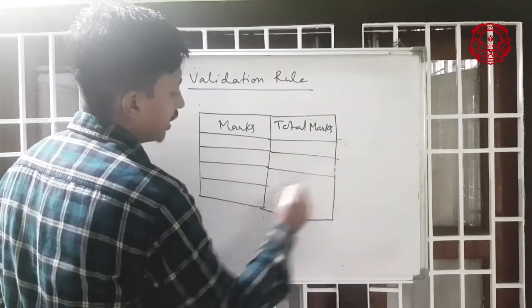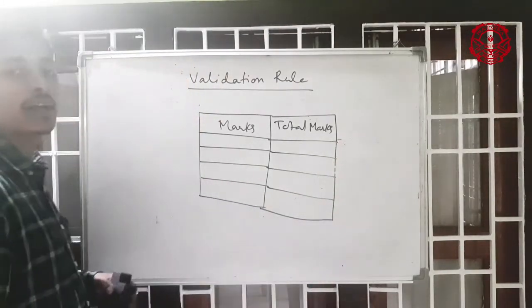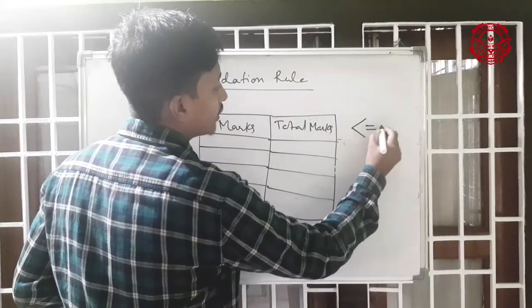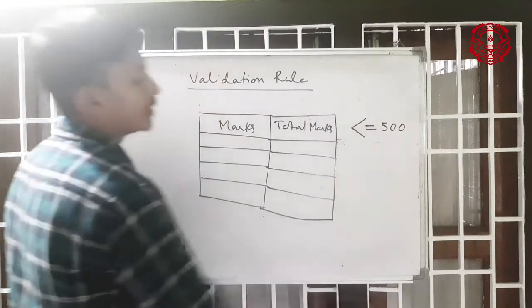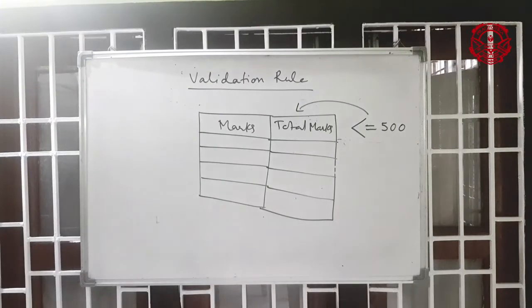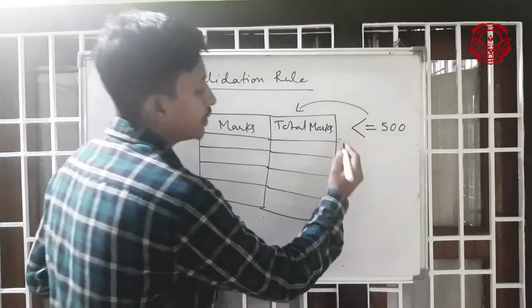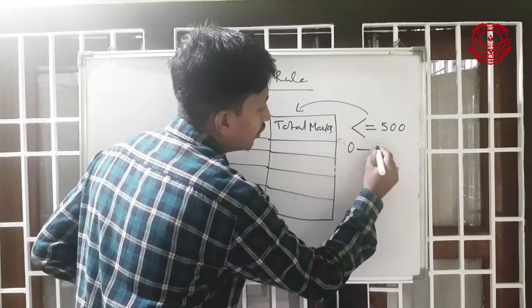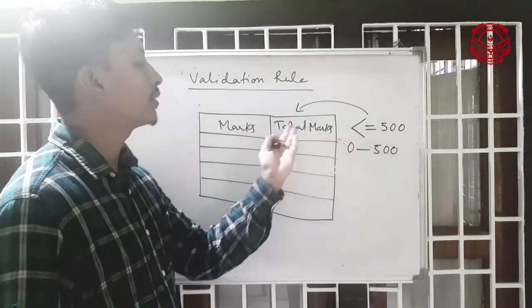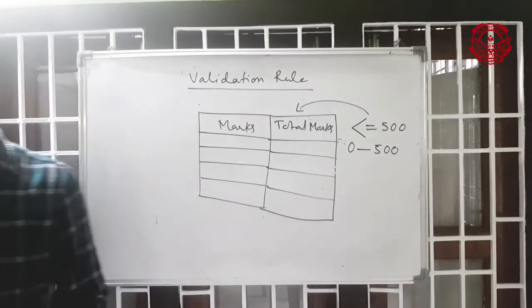In this field, the rule should be less than or equal to 500, means the range should be from 0 to 500. This is called field validation rules.